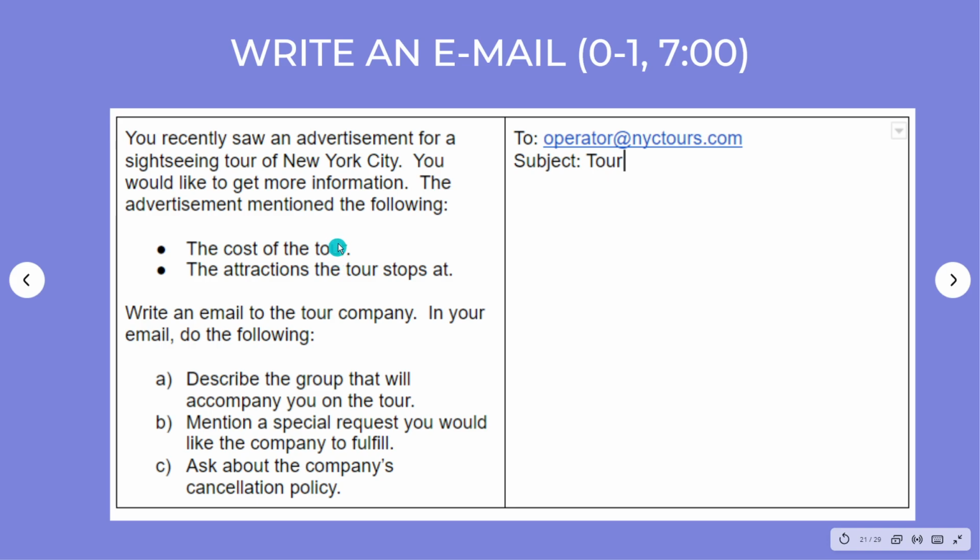So in this case, it mentions specifically that you saw the cost of the tour and you also saw the attractions the tour stops at. Now, you have to write an email to the tour company. And it's going to tell you 3 things that you need to do in that email. And so I won't mention them here, but you can pause the video and read them.